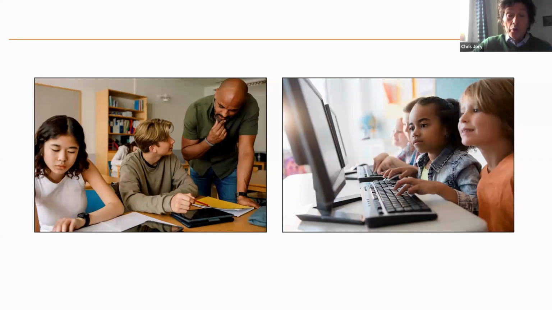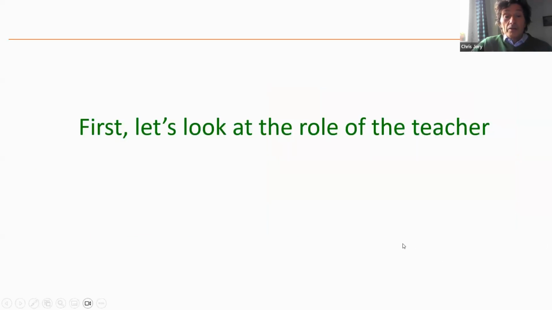So you as the teacher in the classroom with your students, helping to support them through your observation and the feedback that you can provide to them, allied to digital tools that students can use to support their learning, to personalize their learning outside of the classroom, also to do tests of a formative nature outside of the classroom that then provide them with practice that they need as an individual based on what the tests show they need, based on their performance in the tests. So a combination of the human and the digital, if you like. Let's look first at the role of the teacher in that equation.